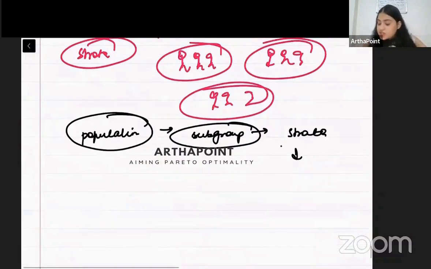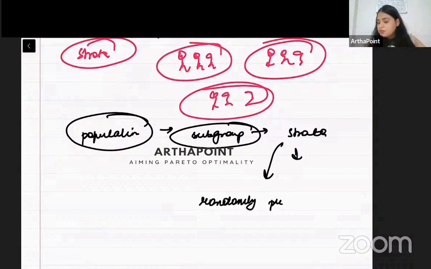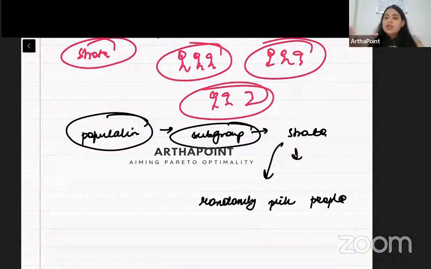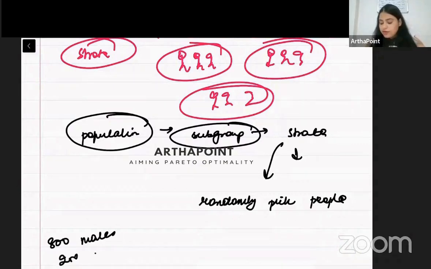And then from each strata I will randomly pick people. So randomness is still involved, but now I have ensured that my population has each strata being represented. This is very important in gender bias studies. Just for example, let's say I have 800 males in the organization and only 200 females.